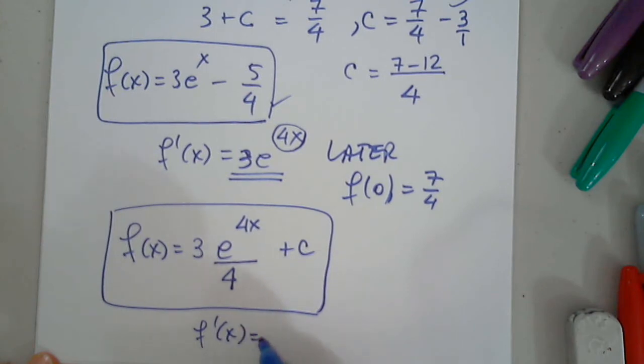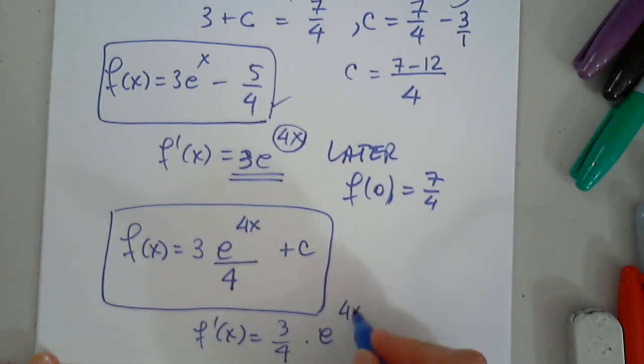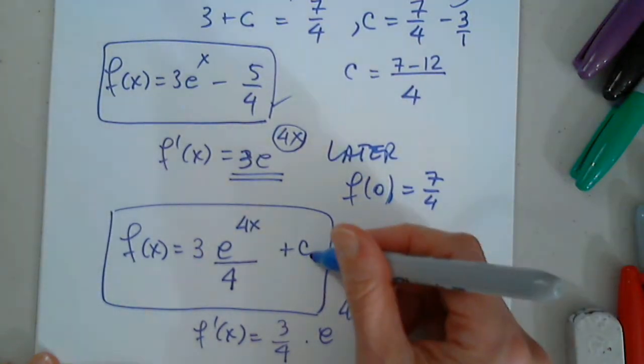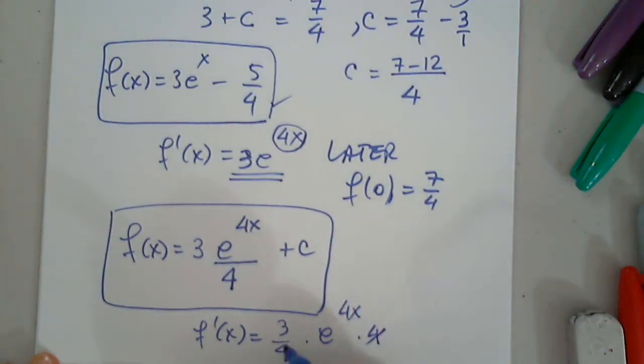So f prime of x, when I differentiate this, I have 3/4 times e to the 4x, so e to the function, times the inner function prime, which is 4, plus the constant prime, which is 0. So that's how I get back 3 e to 4x.